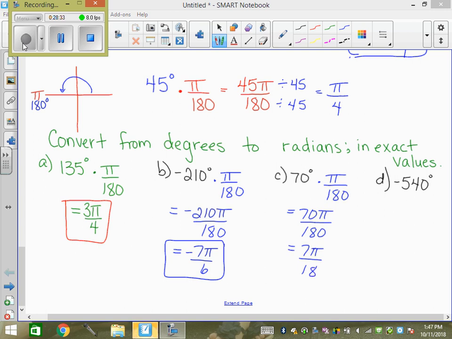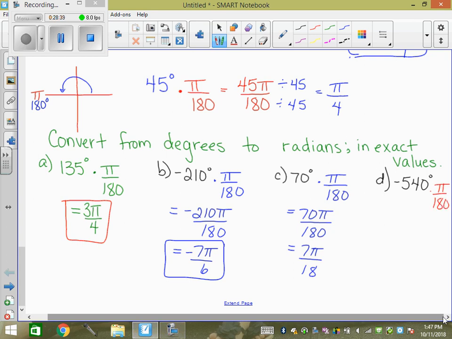And then negative 540 times pi over 180 equals negative 540 pi over 180. They both share a 0, so you could take a 10 out of both of them. And then 54 and 18, you can take 9s out. You can take 6s out. Oh my goodness. Is it 4? Negative 4? Negative 3 pi?